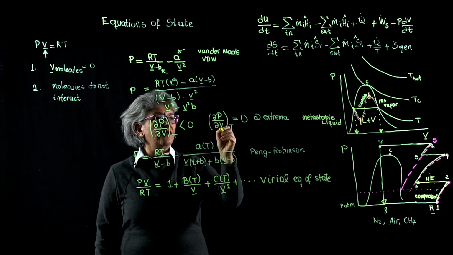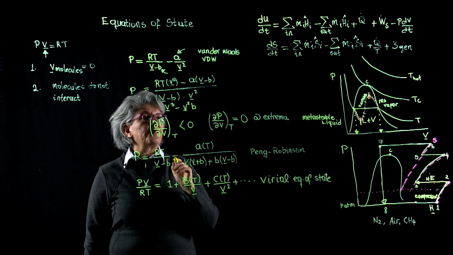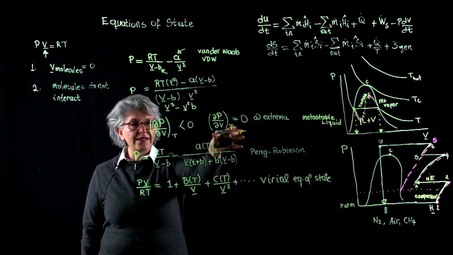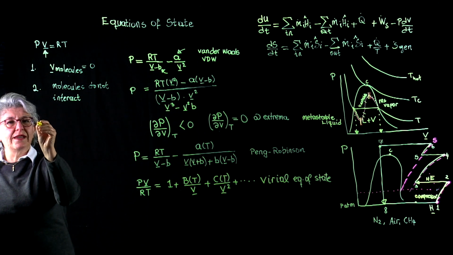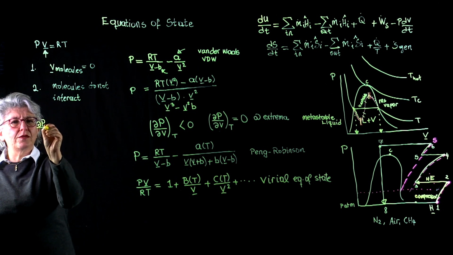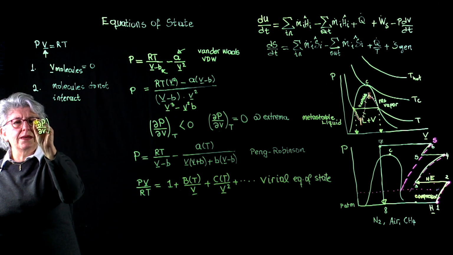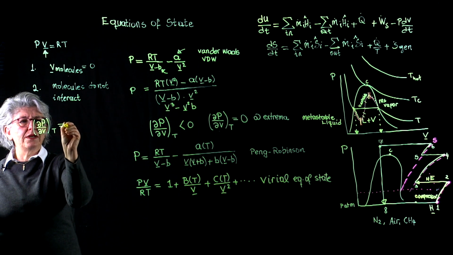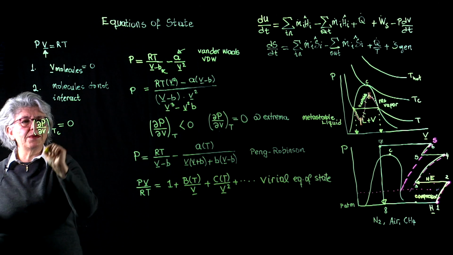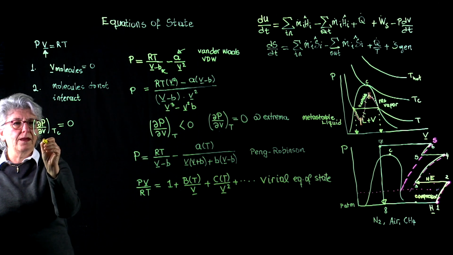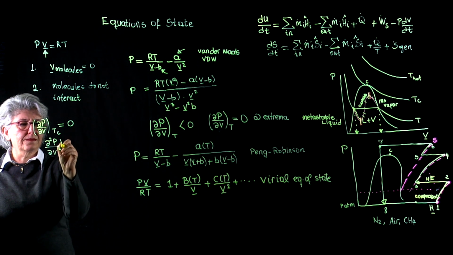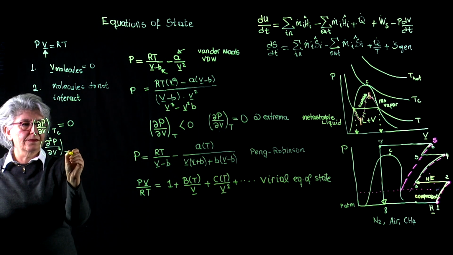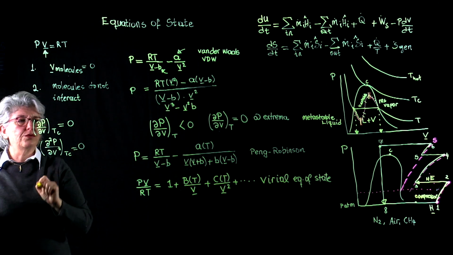So when we apply these concepts to the van der Waals equation of state, we have del P over del V at constant T equal to 0 when the temperature is the critical temperature, and its second derivative is also equal to 0.